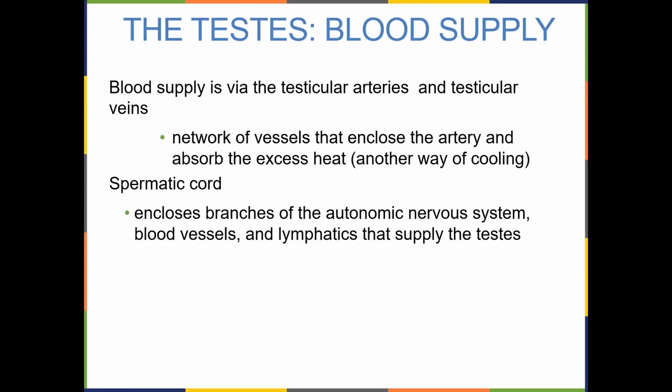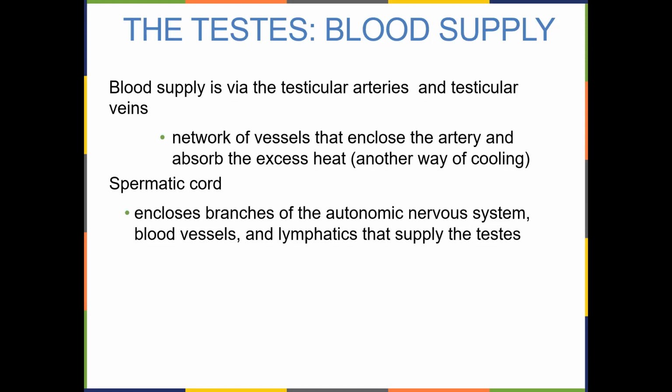As the venous supply leaves the testes, it's carrying a great deal of heat away. The arterial blood is coming down to the sperm cells, and the venous blood is going out. The venous blood will draw heat from the arterial blood as they pass side by side.